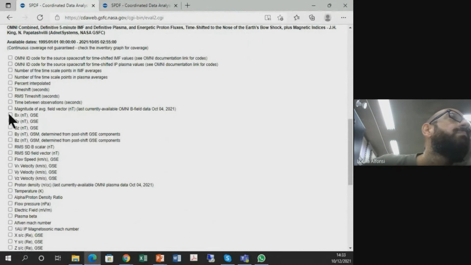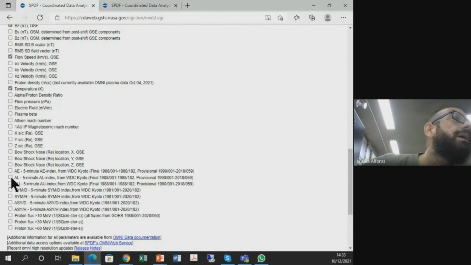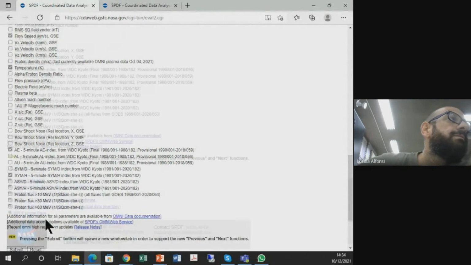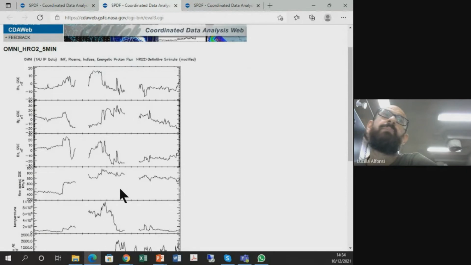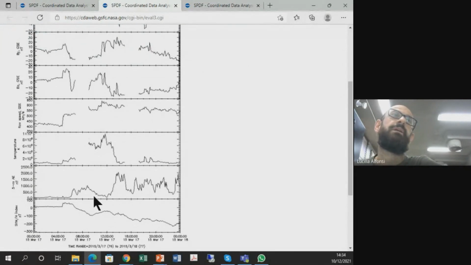So in our case, for example, Vx, Vy, Vz, and then the velocity of the solar wind, the temperature, maybe the Aurora Index, and the index that I recall is a kind of a DST. So submit, and we can get immediately the plot with the selected variables.